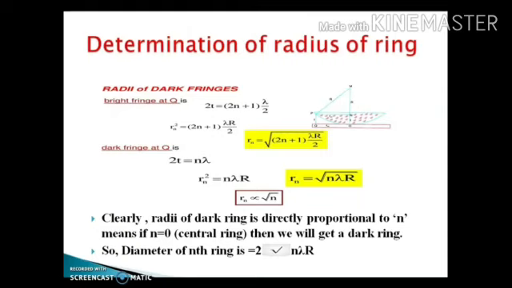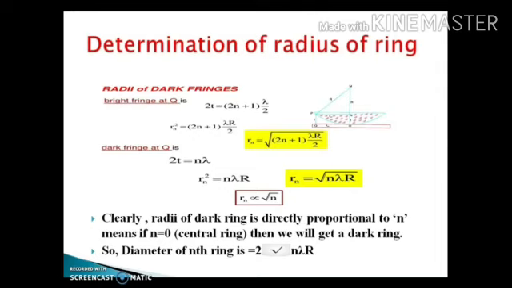You can see here, by substituting the value of t in the previous value of Rn square, I have obtained Rn, that is the radius of nth bright ring, as square root of (2n plus 1) lambda R by 2, and the radius of nth dark ring as square root of n lambda R.